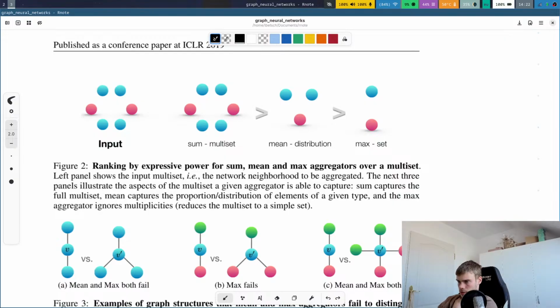The left panel shows the input multiset, i.e. the network neighborhood to be aggregated. Okay, this is one neighborhood. The next 3 panels illustrate the aspects of the multiset a given aggregator is able to capture.